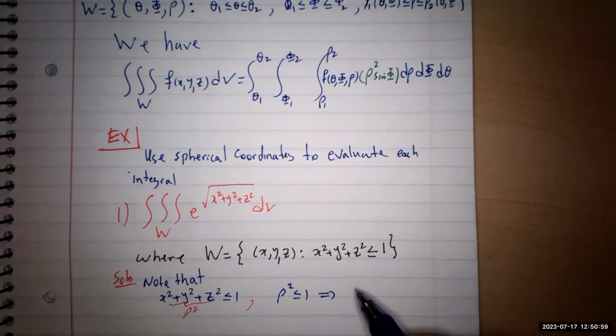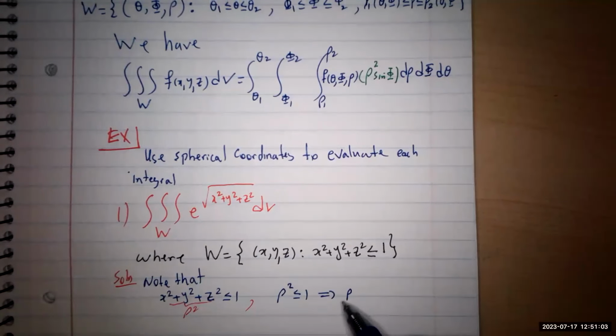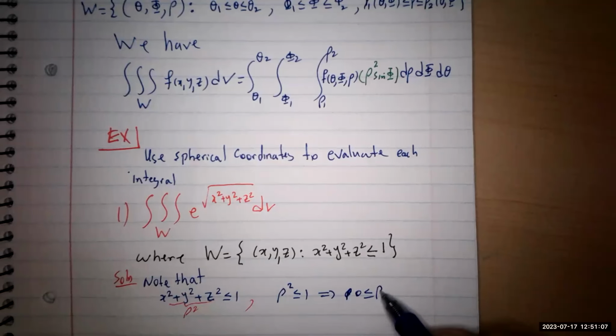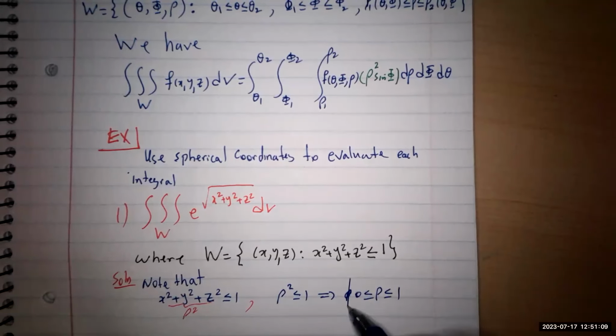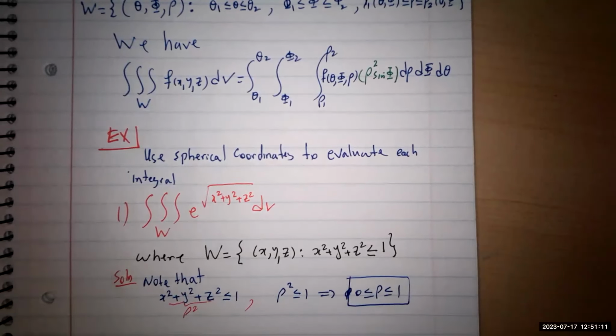Remember, rho is a positive number, so we take the square root, and rho is between 0 and 1. This is the limit for rho. Any question? Remember, rho is a distance. Rho squared less than 1 gives the absolute value of rho less than or equal to 1, but since rho is positive, it's between 0 and 1. That's the restriction for rho. Any question?